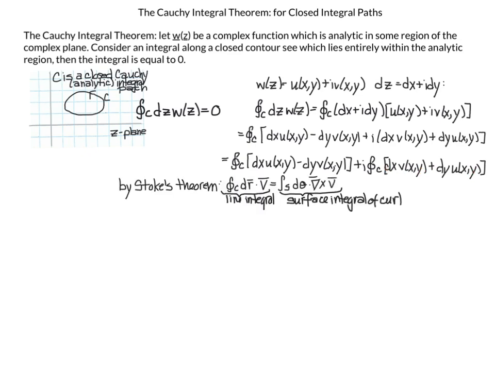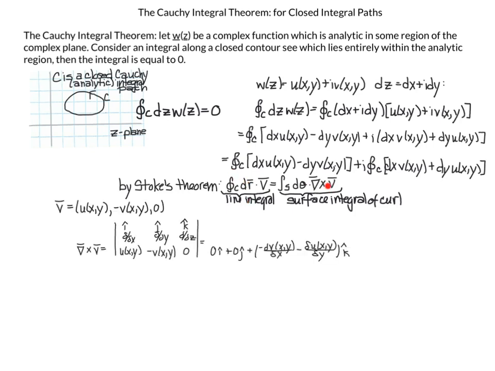The next thing I'm going to do is introduce Stokes' theorem, which I have rewritten here. Just to remind you, Stokes' theorem relates a line integral of a vector over some curve to the surface integral of the curl of that vector field, integrated over the surface that's created by your boundary curve.